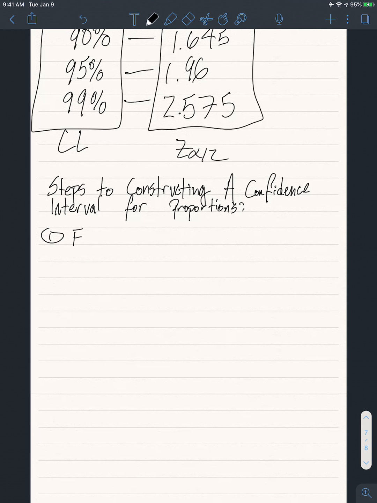Step 1, find your point estimate. Step 2, after you find your point estimate, find your critical value.